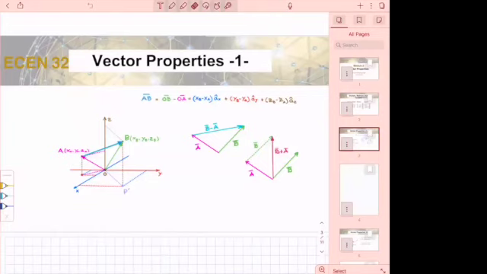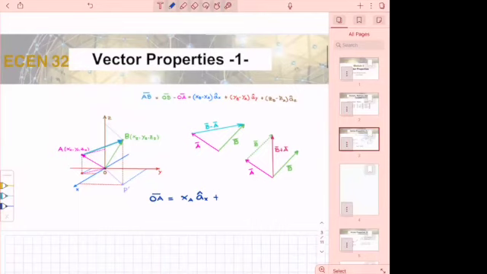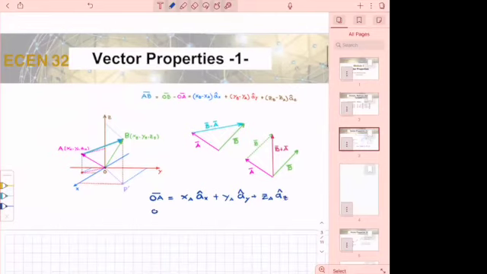Okay. So for example, here, how would I write vector OA? If I wanted to write it, which I have not done here, then vector OA would be X sub A times that unit vector plus Y sub A times the Y unit vector plus Z sub A times the Z unit vector. The same thing applies to OB.